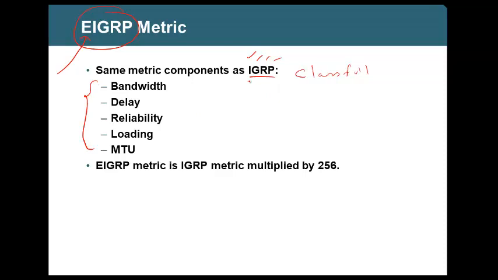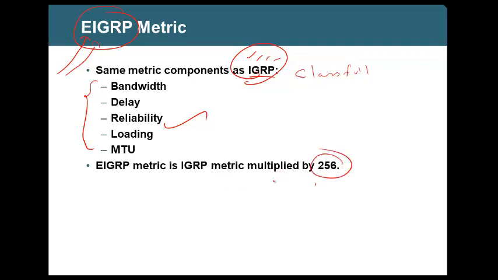And it's the same 5 metrics we still have for EIGRP, the improved version. But one difference is there. In IGRP, you have only 24-bit, whereas in EIGRP, you have 32-bit.